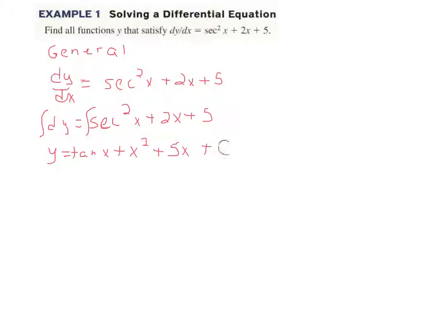And then we put the plus c at the end because it could be any vertical translation of this particular function. y equals tan x plus x squared plus 5x plus c. So all functions y in this form, where c is a constant, will have the given derivative, and they are the general solution to this particular differential equation.